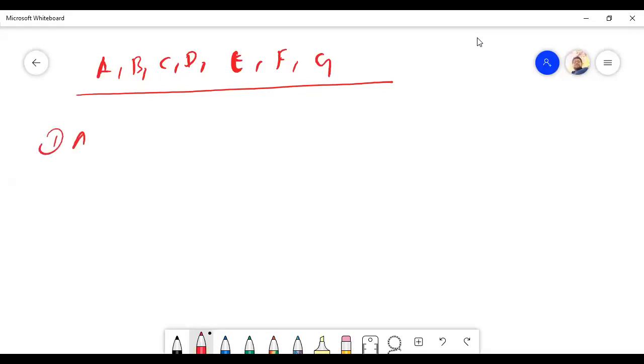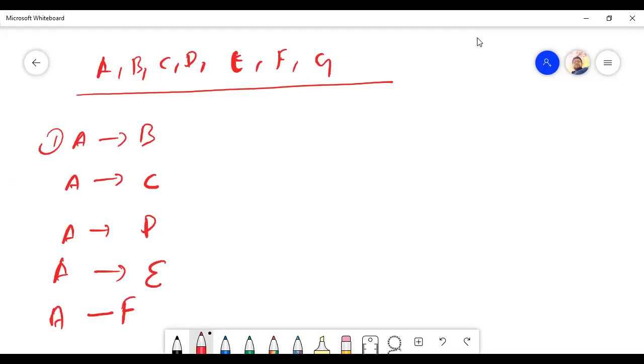Now I am going to write A B, A C, A D, A E, A F, then F G. You can see B, C, D, E, F all are depending on A directly.